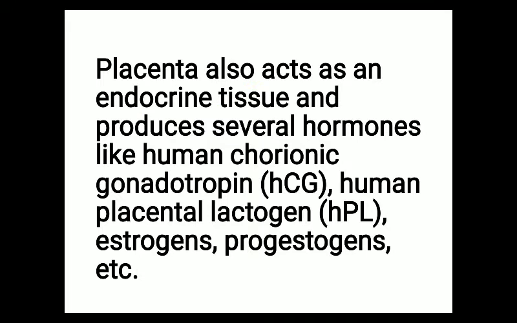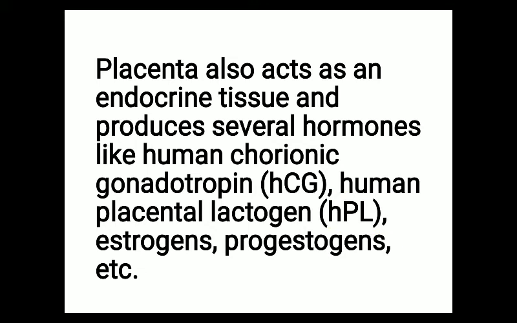What are the hormones which will be secreted by the placenta? The first hormone is human chorionic gonadotropin, also known as HCG. The second hormone is human placental lactogen, in short known as HPL.